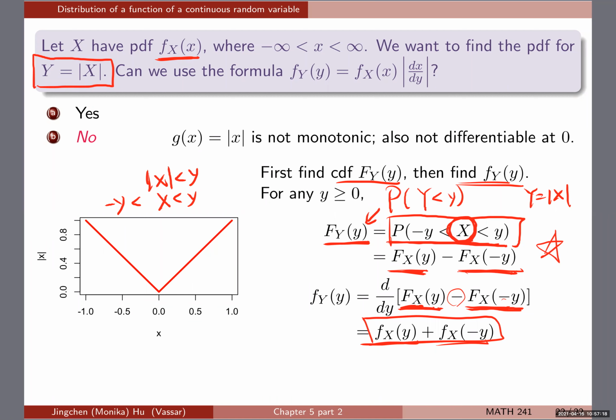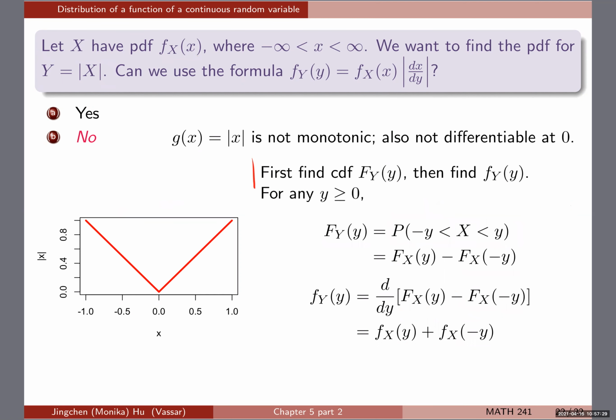In this case, first of all, you need to realize that we cannot use the formula, so forget about it. Then the golden rule is always to find the CDF and then take the first order derivative to get the PDF.